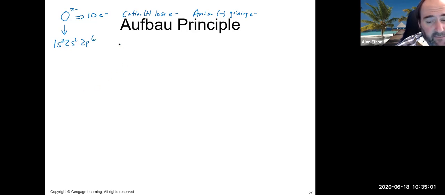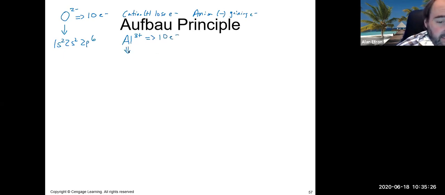Now, if we had something with a positive charge, let's take our aluminum that we just did, aluminum with a +3 charge. Again here, the plus tells us it lost electrons. The 3 tells us it lost 3 electrons from where it started. Aluminum is number 13, which means it ends up with 10 electrons.